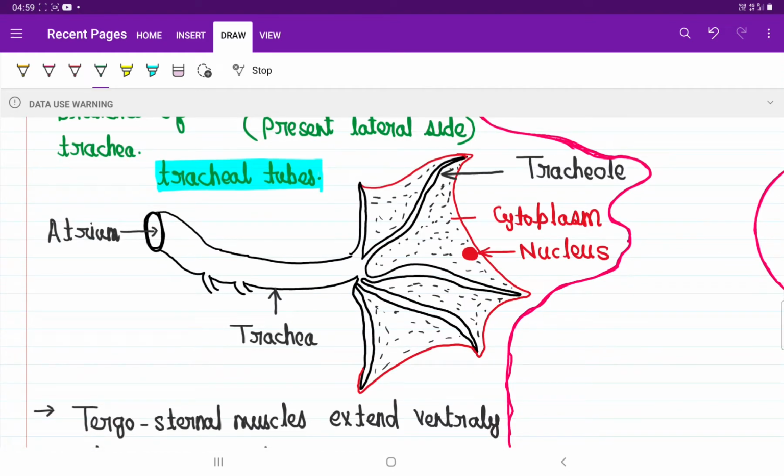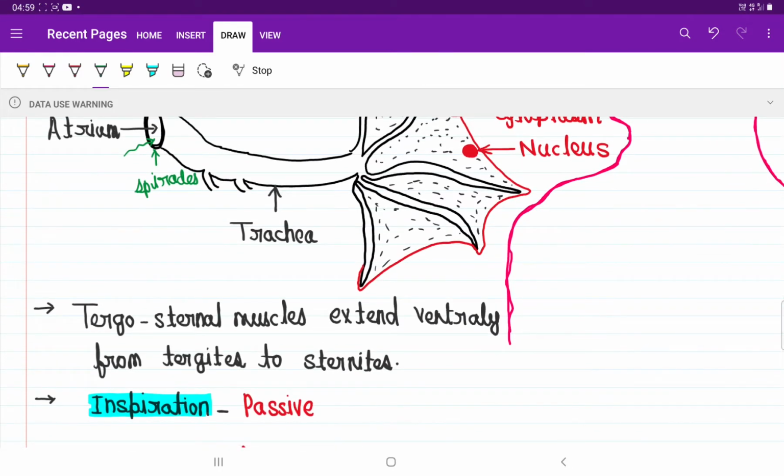So what will happen? Through the small spiracles, respiratory gases will enter, and then they will come to a chamber inside called the atrium, and then through the branching tracheoles, finally it will open into a cell called the tracheolar cell. Fine.